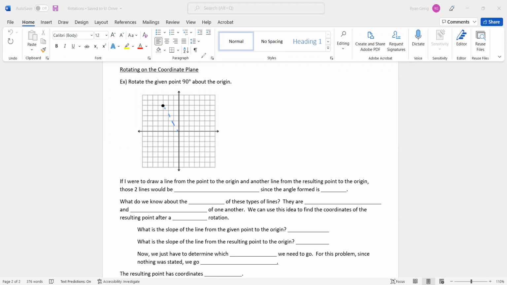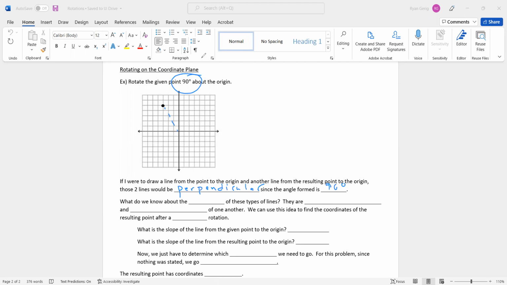If I were to draw a line from the point to the origin and another line from the resulting point to the origin, now I don't have that other point yet, so I can't draw that line, so you can't see it, but those 2 lines would be perpendicular, since the angle formed, I said it here at the beginning, was 90 degrees.